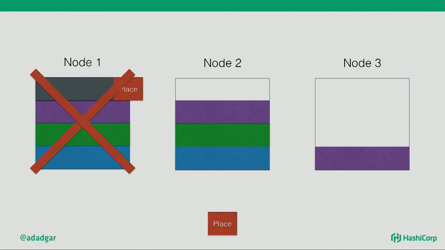So now we actually just have 2 nodes to consider, node 2 and 3. Both of them can obviously fit the job, so now the ranker is responsible for assigning an initial score to these 2 nodes. So anyone have any guess which one would get the higher score? 3, 2, 2? Yeah, it would actually be 2.